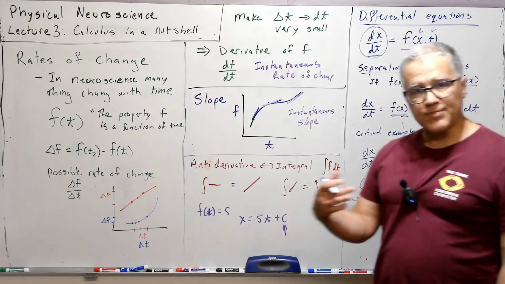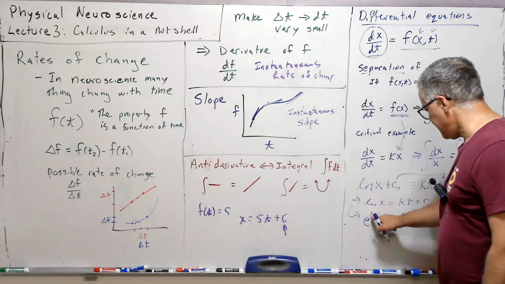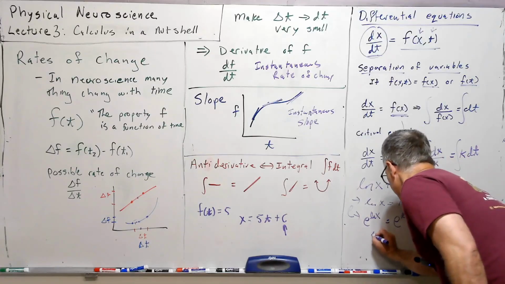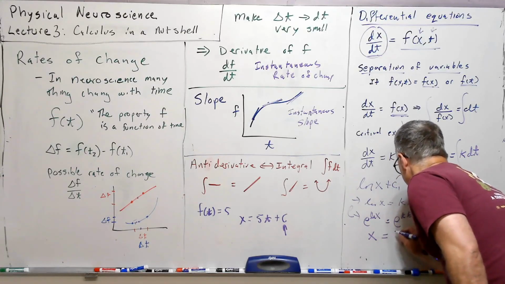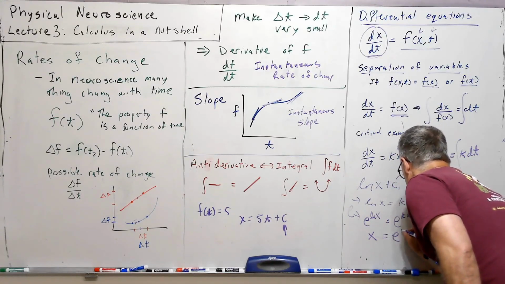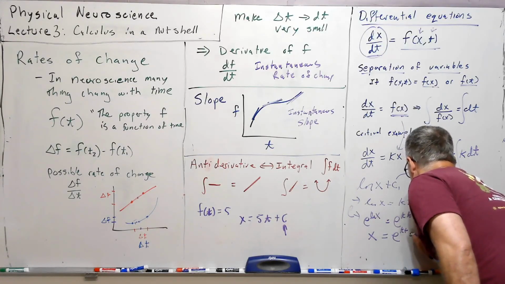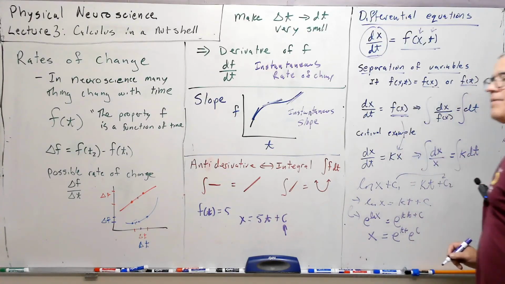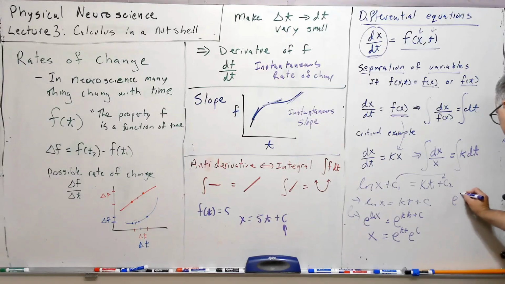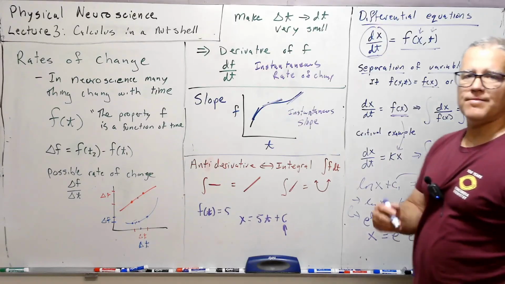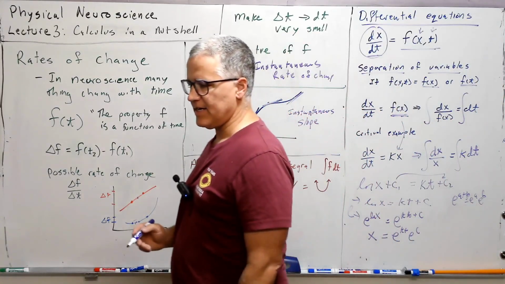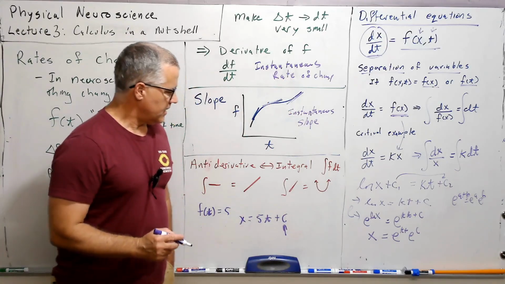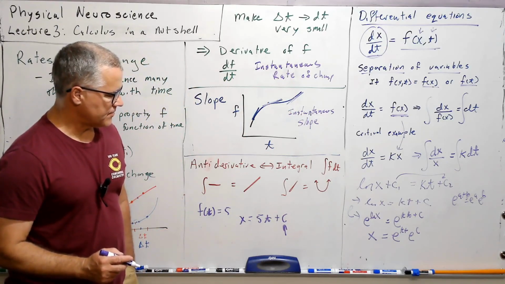Now I'm going to use some properties of exponents. This just undoes the log, so that's just going to become x. And this is going to be e to the kt times e to the c. The property I'm using here is e to the a plus b equals e to the a times e to the b. Maybe you remember that from back in high school, but that's where that's coming from.